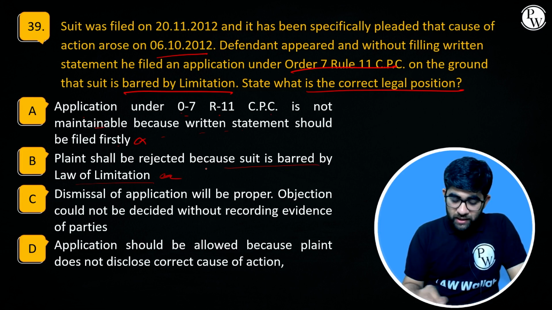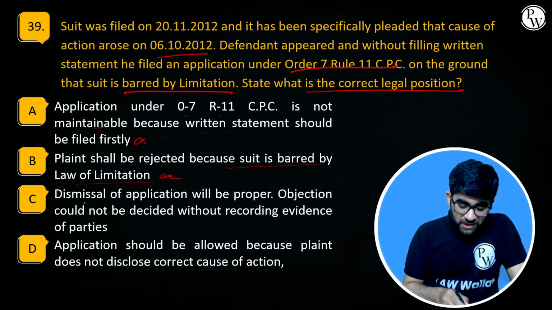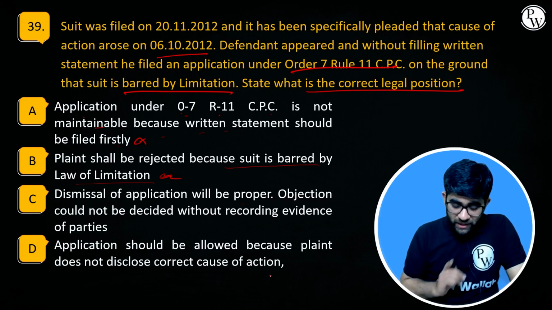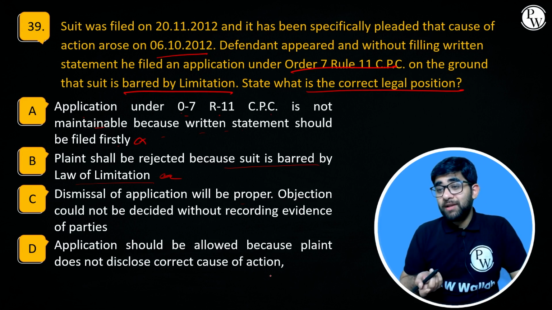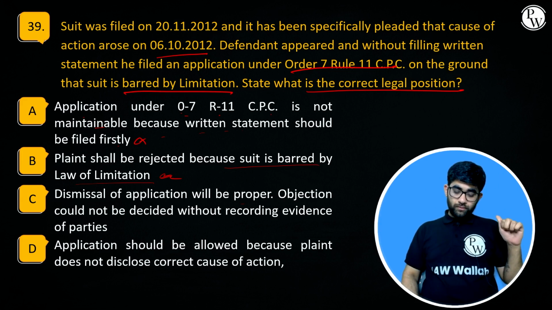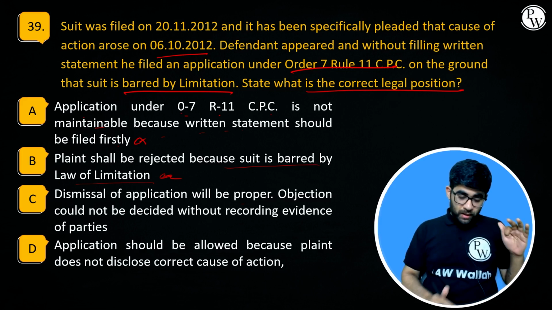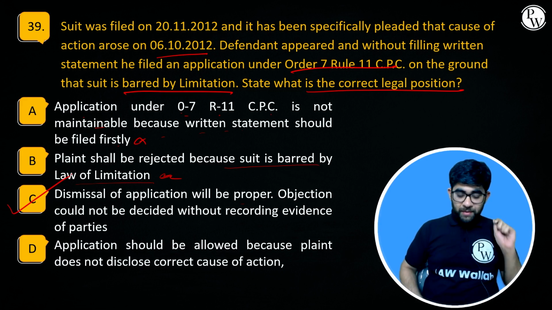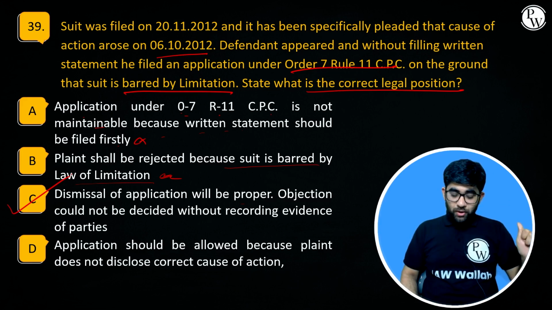You cannot, this is not the question. Dismissal of application will be proper. Objection could not be decided without recording. No. Application should be allowed because plaint does not disclose correct cause of action. This can be a thing. So the answer to this is dismissal shall be proper, but objection could not be decided without recording evidence of parties.